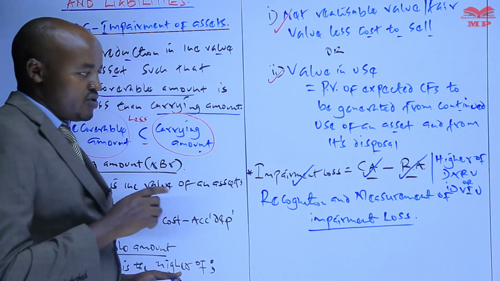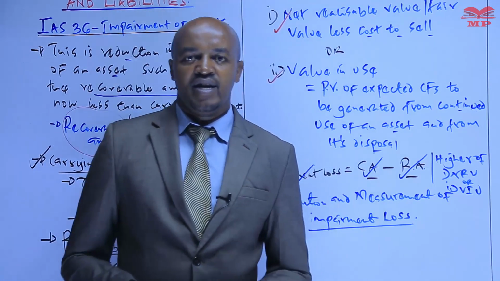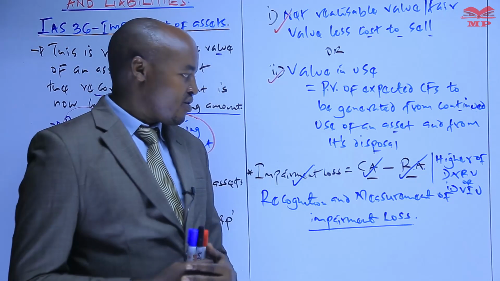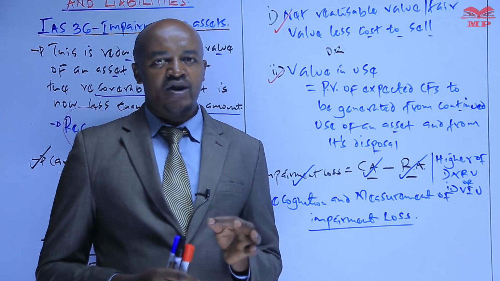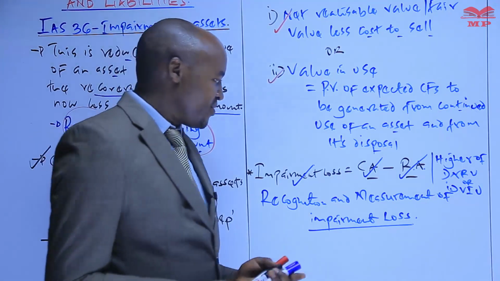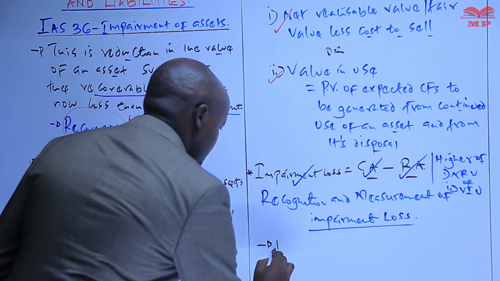Now, it is also important for me to mention here that IAS 36 requires the entity to recognize an impairment loss whereby the recoverable amount of an asset is found to be less than the carrying amount.